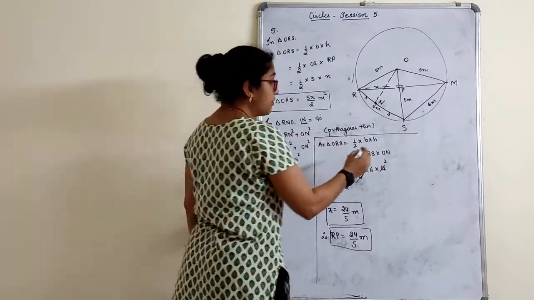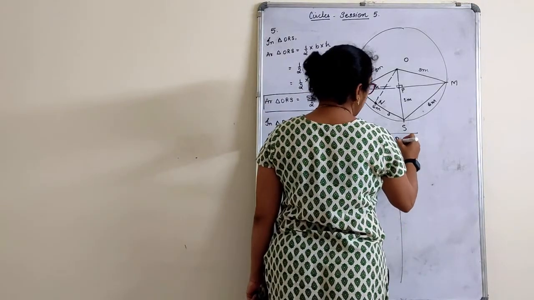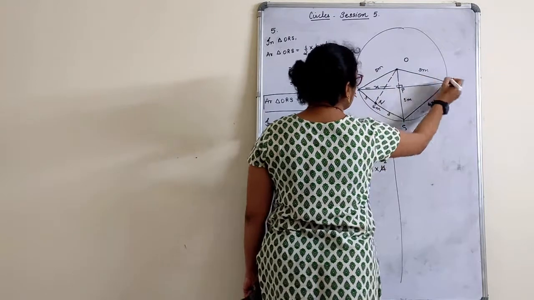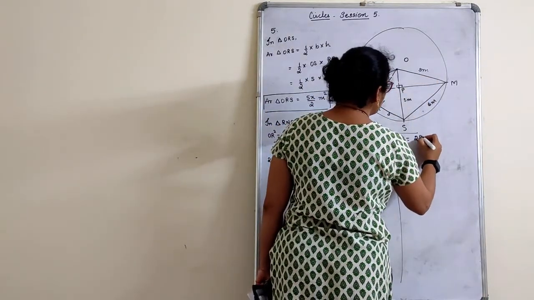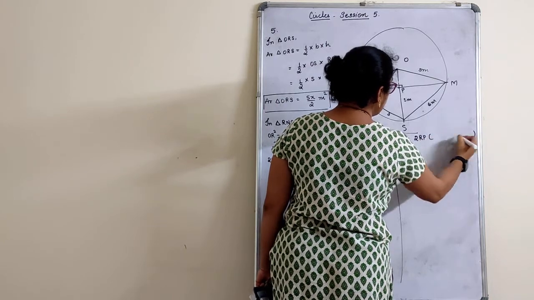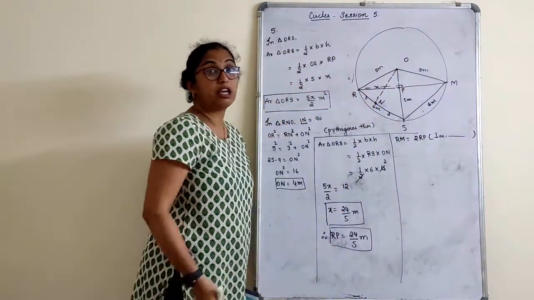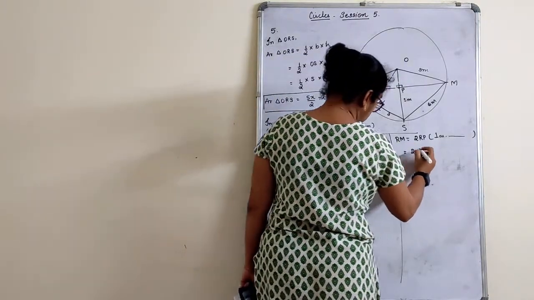Now, what we have to find? We have to find Reshma to Mandeep. RM is equal to 2 times RP. Why? Perpendicular drawn from center to chord bisects the chord. You have to write the reason. So RM is equal to 2 into RP.